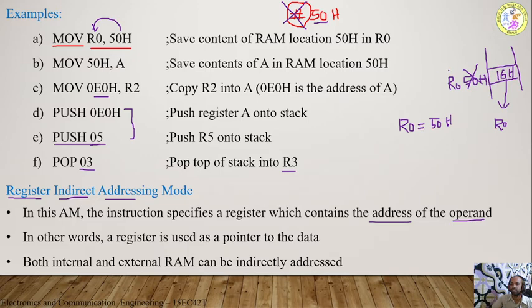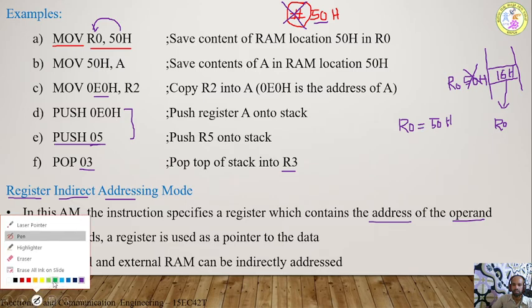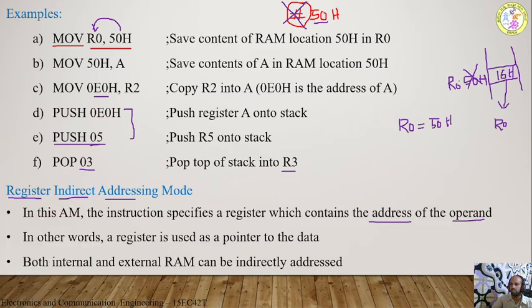So this register is used as a pointer. It is pointing to this memory location. You can observe here, this register R0 is pointing to this memory location. Therefore, the register R0 is called a pointer register. Both internal and external RAM can be indirectly addressed.